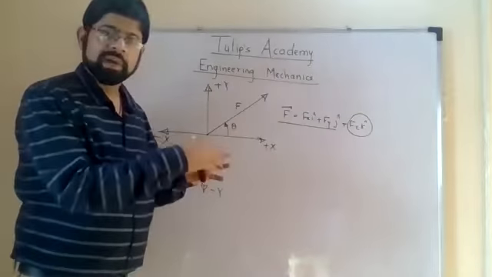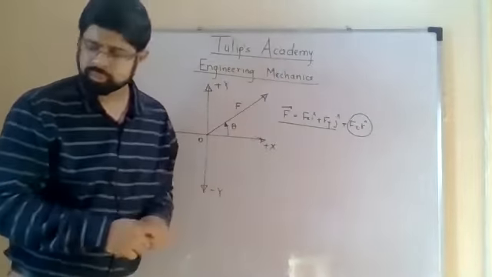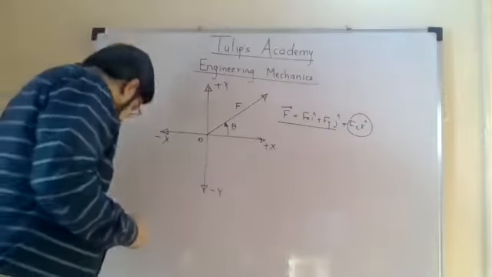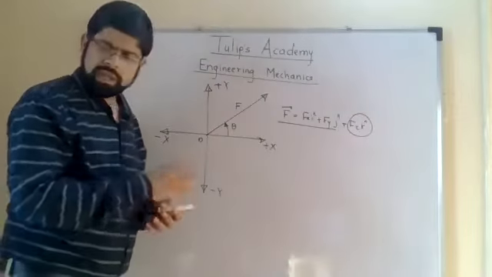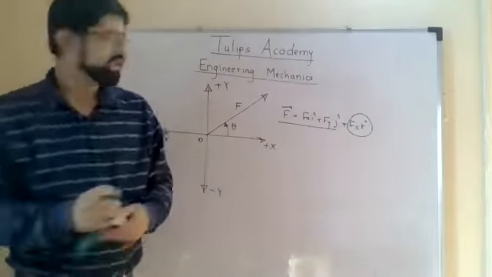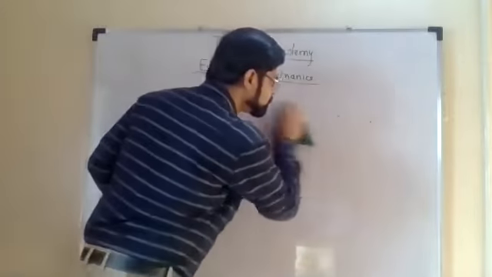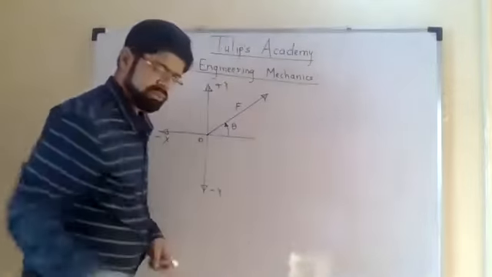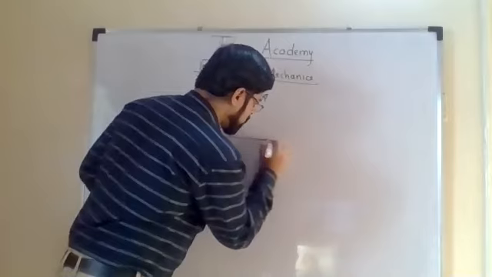So first of all, we will complete the right angle triangle by using triangle's law of forces. We have already seen the process in the last video, how to complete the triangle. Okay, so let me complete the triangle first.